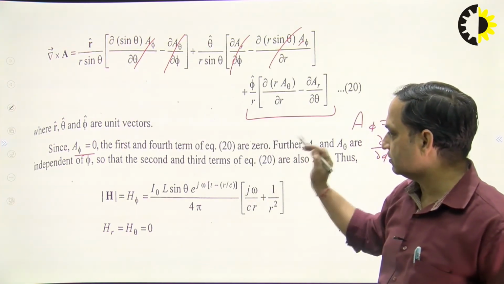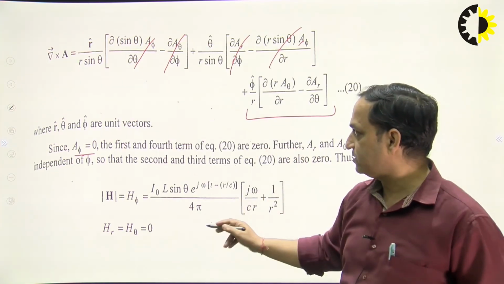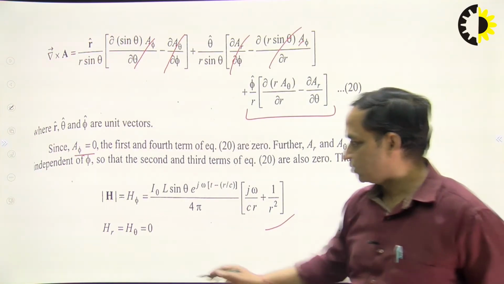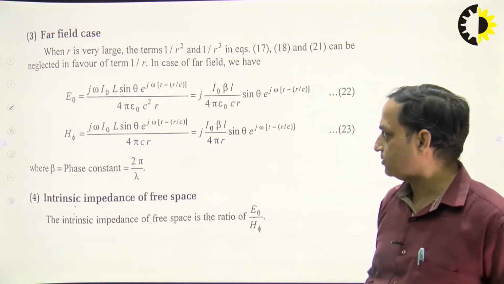When we put all together, we get the H phi equation, and HR and H theta will be 0.